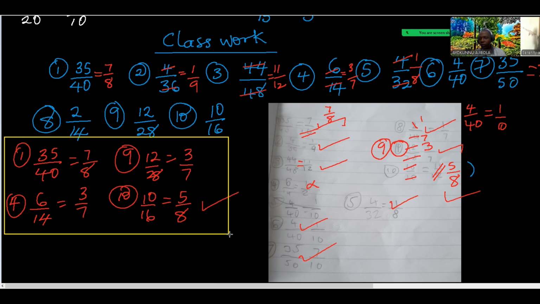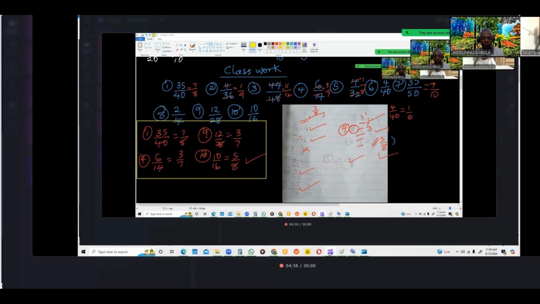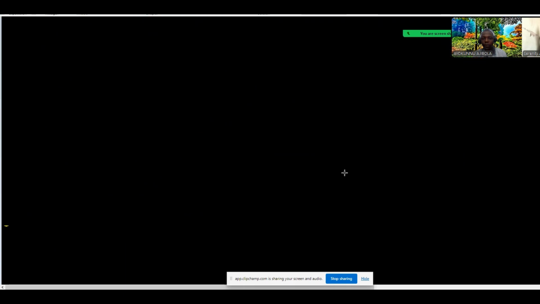So write down this correction now. Write down the correction. So we're looking at a few more questions before I give you assignment.